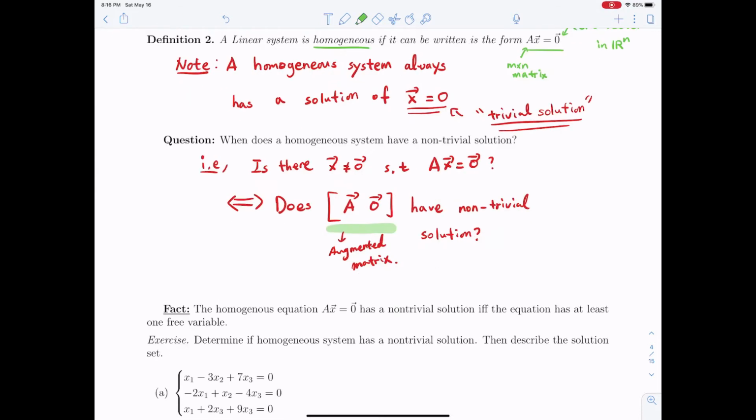So the condition to have a non-trivial solution is to have at least one or more free variables. And here, mathematicians frequently abbreviate if and only if as IFF. So whenever you see IFF, that means if and only if.